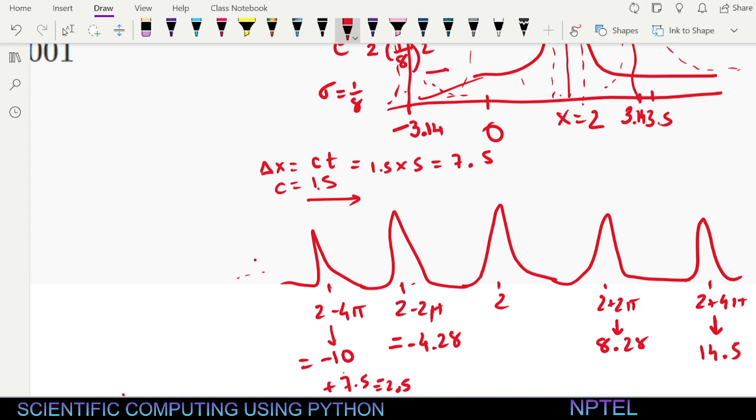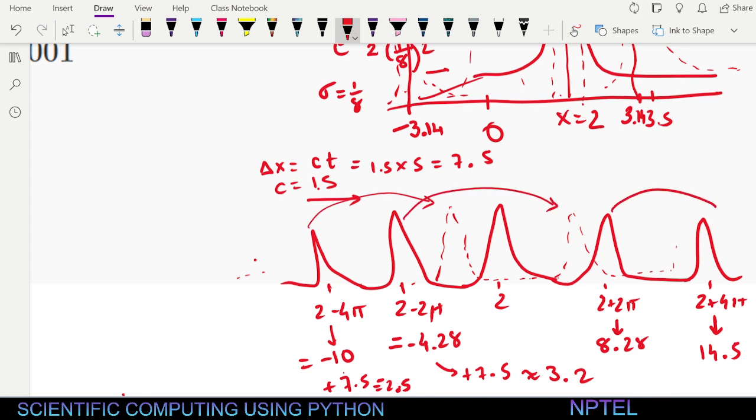Okay, so it will be somewhere around here, and this will be plus 7.5, so maybe 3.2 or something. Yeah, so it will be here, something like this.